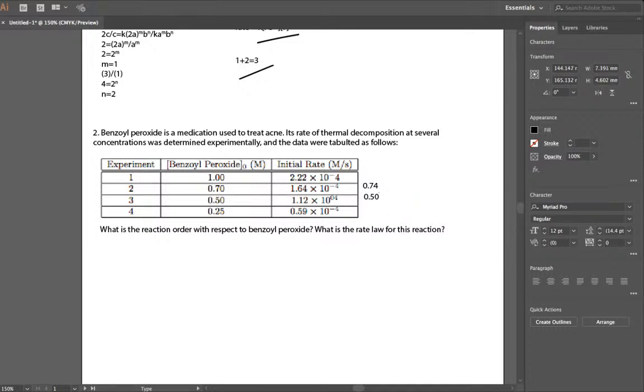It's very close. And then lastly, 0.59 divided by 2.22. That would be 0.27. Pretty accurate, I should say.